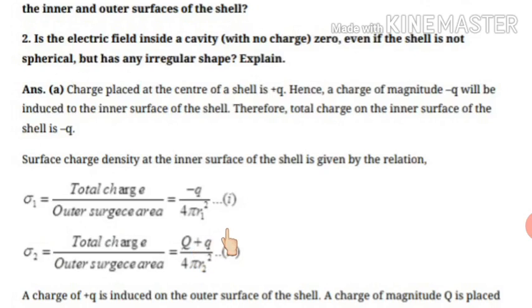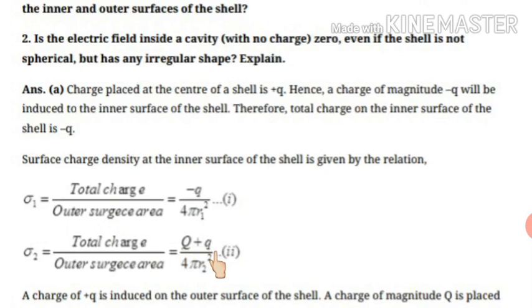Now we have already discussed that plus q charge is at the center. On the inner surface, minus q charge will be induced. So how much charge will be induced on the outer surface? It will be plus q. And capital Q charge is already there. So what will be the total charge? Q plus q.